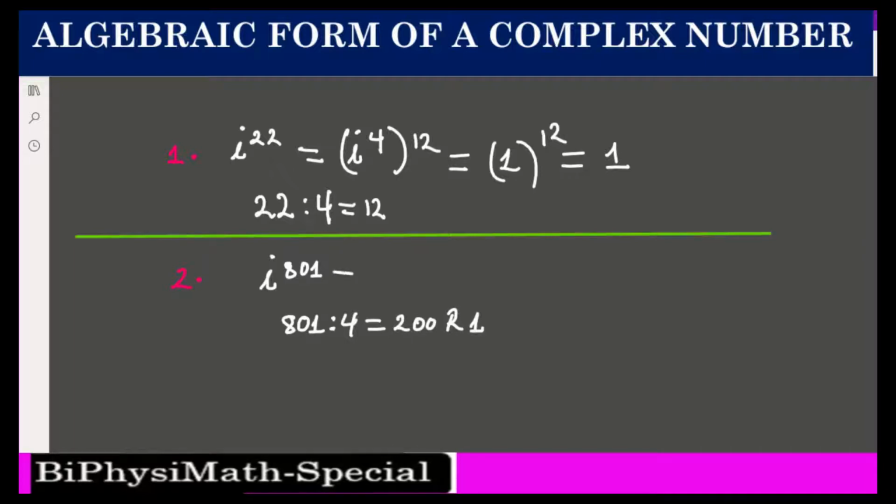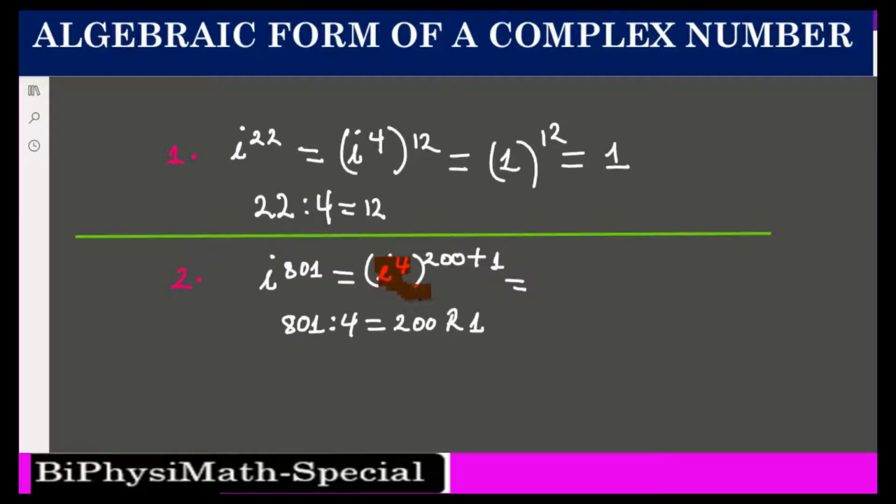Now write i to the power 4 times 200 plus that remainder 1.